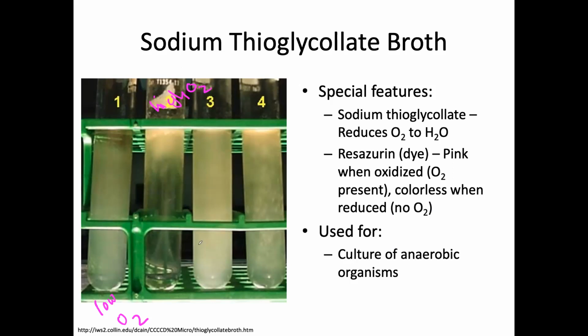If it's aerobic, it'll look like that. If it's facultative, it'll look like that. If it's microaerophilic, it'll look like that. And if it's anaerobic, it'll look like that. See, it's not growing at the top. No growth.